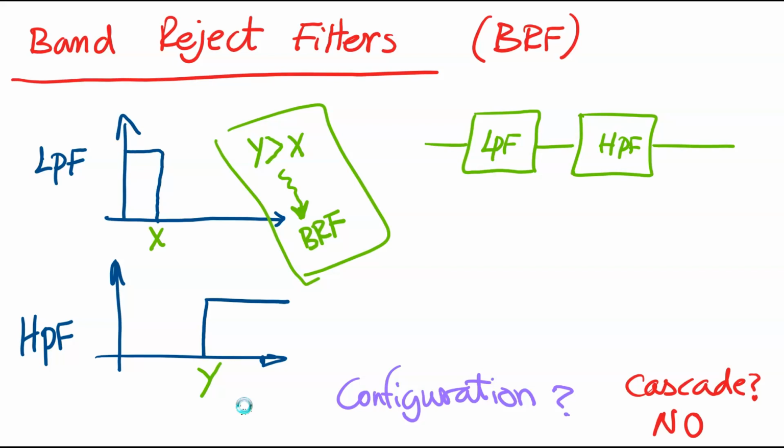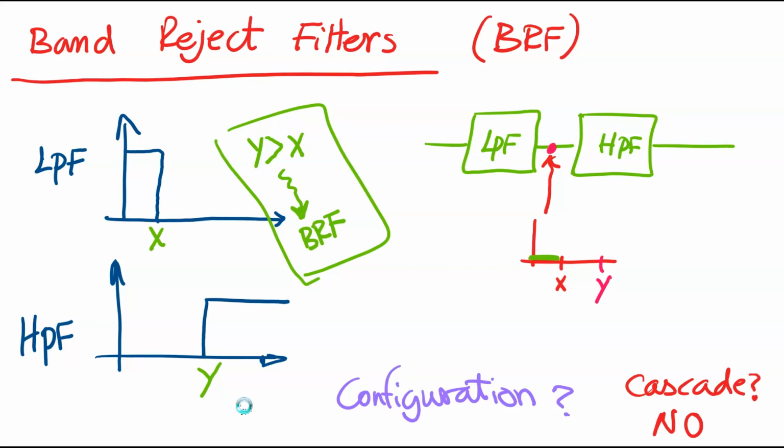So if, let's say, my low pass filter is the first filter in the cascaded combination, it will cut all the frequencies greater than X. So the only frequency spectrum that reaches this point are the frequencies smaller than X. So this is going to be the frequencies that can pass the first filter, which is my low pass filter. And then the high pass filter will let the frequencies greater than Y pass.